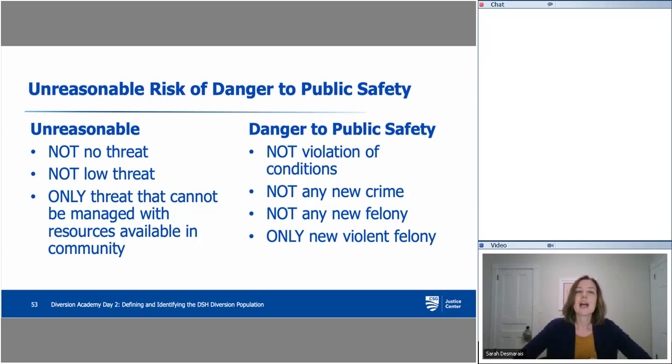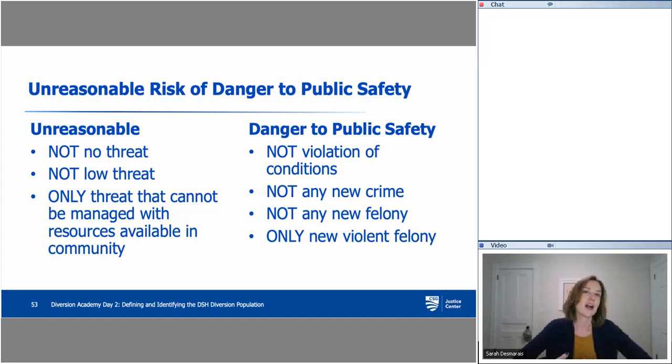It cannot be managed with the resources available in the community. And a threat of what? Are there resources available in your community, not just to prevent any kind of violation of conditions? It's not just about if they have a dirty urine screen, or if they fail to show up at a meeting or that kind of thing.